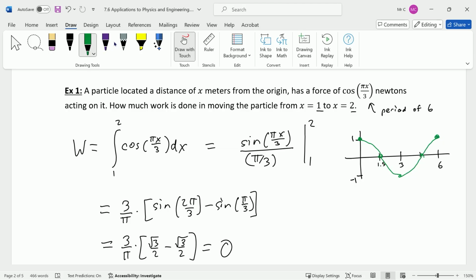So what's happening? Well, when we integrate from 1 to 2, we've got some positive portion here, negative portion of force here, and they cancel each other out.